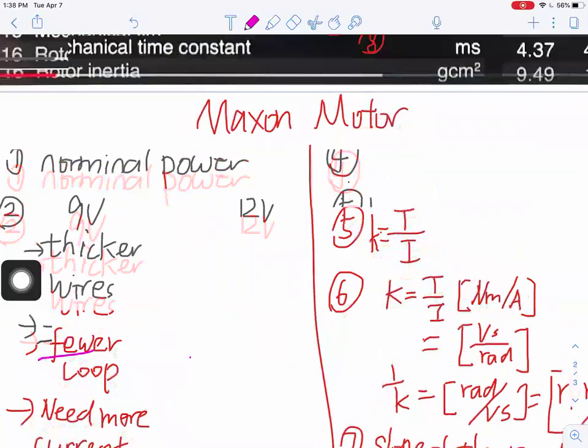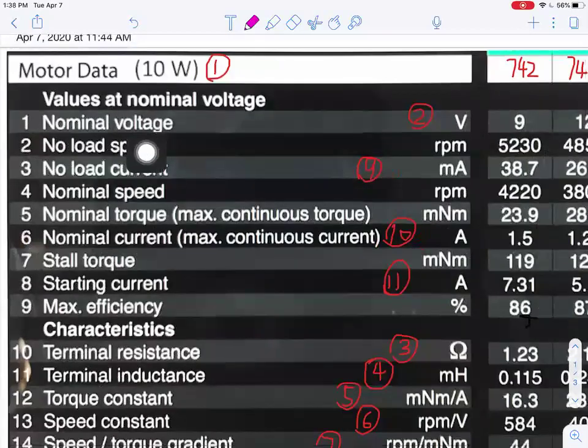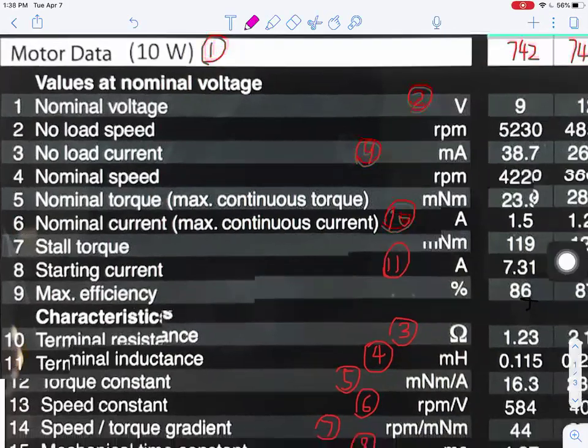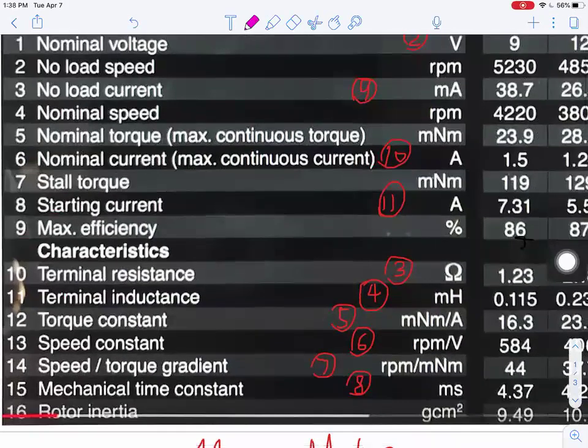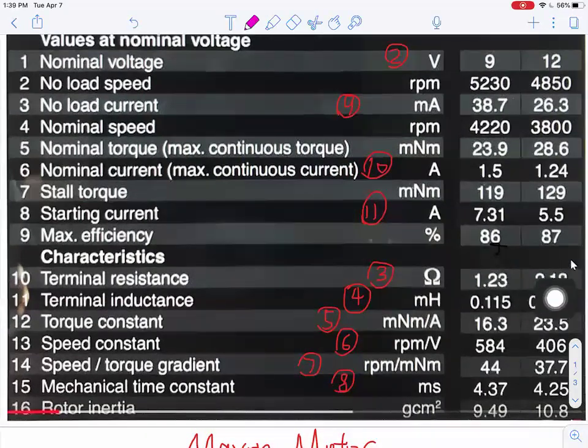Another place we can see that is the nominal voltage. And if we look at number 10 here, terminal resistance, that's in unit of ohm, that's a resistance. If we compare these two motors, the one with 9-volt has a little bit lower resistance, which is 1.23 ohms.